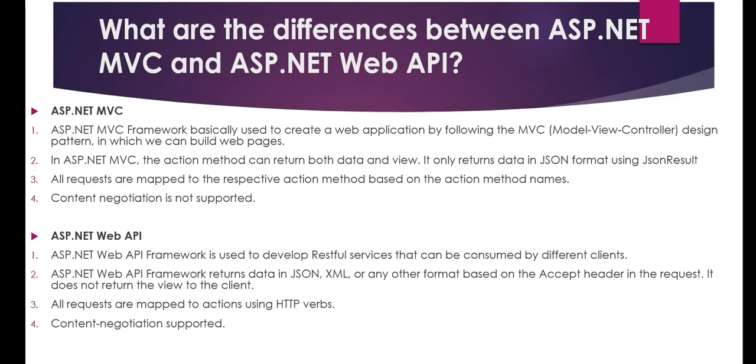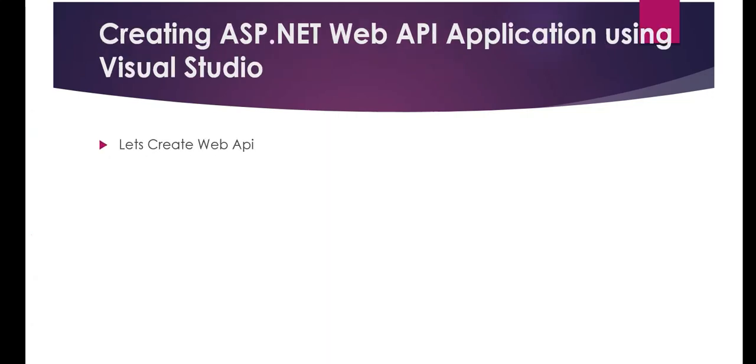So that is the difference with the ASP.NET MVC. All the requests are mapped to actions using HTTP verbs. These HTTP verbs, as we had seen, guide the operations that need to be performed by the client. Content negotiation also is supported on ASP.NET Web API. So that is it about Web API.